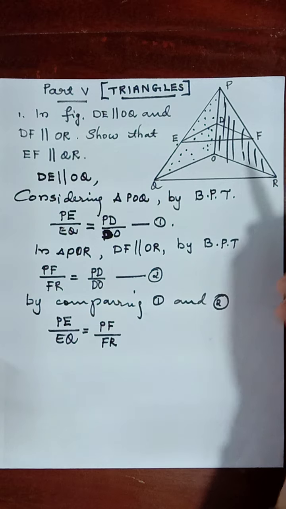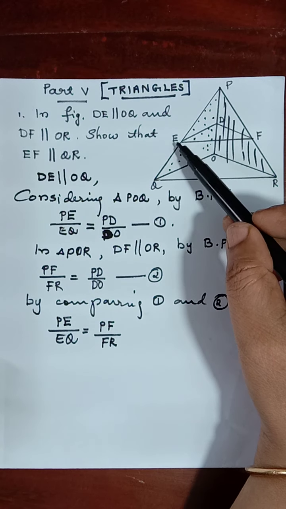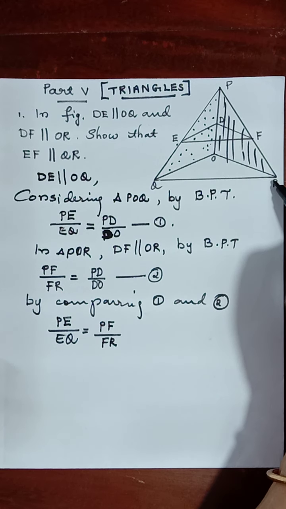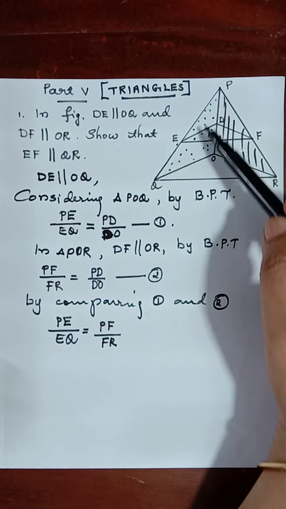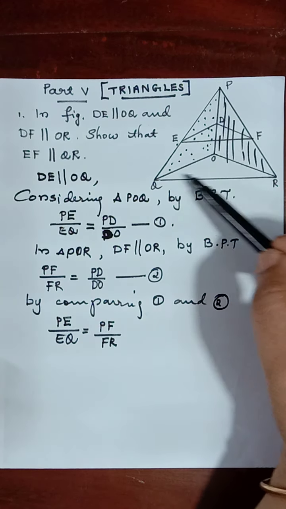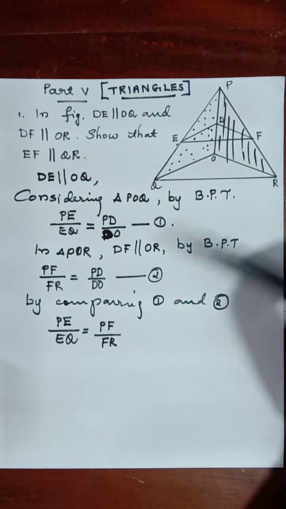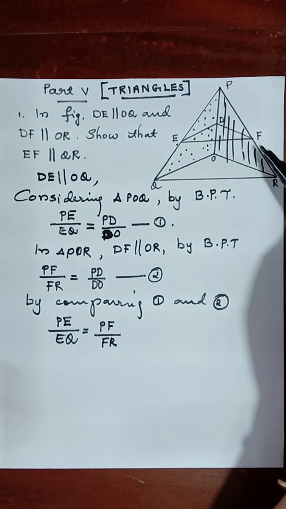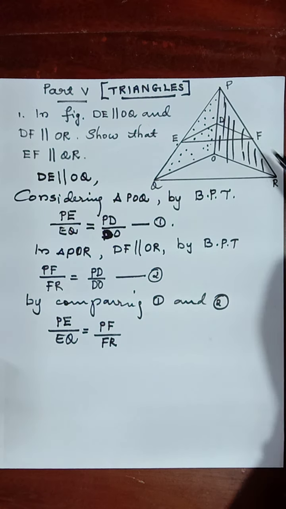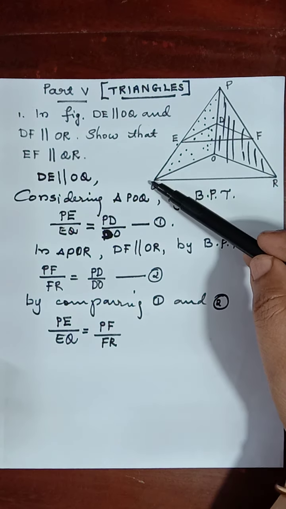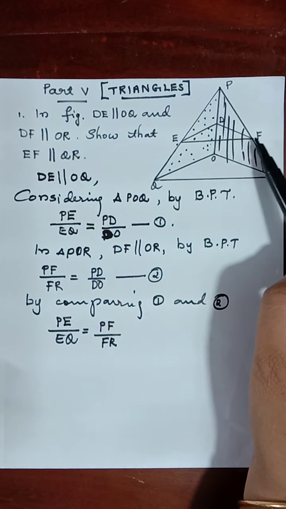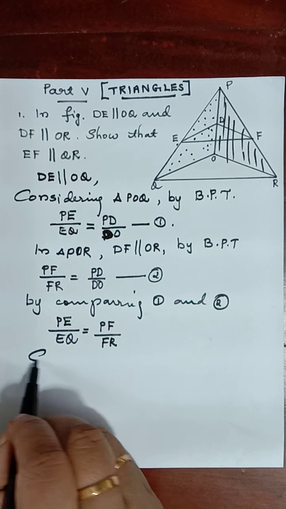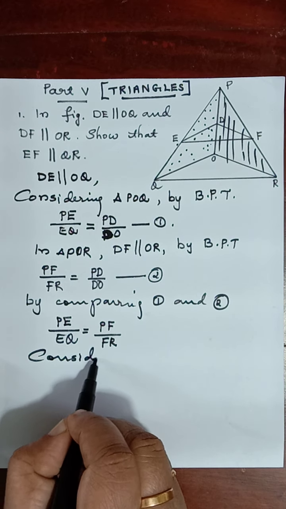Just check in the figure. PE by EQ is equal to PF by FR. So here we have to consider the complete triangle PQR. We proved that PE by EQ is equal to PF by FR. The ratio is proved. If they are in the same ratio, can we say that EF is parallel to QR?